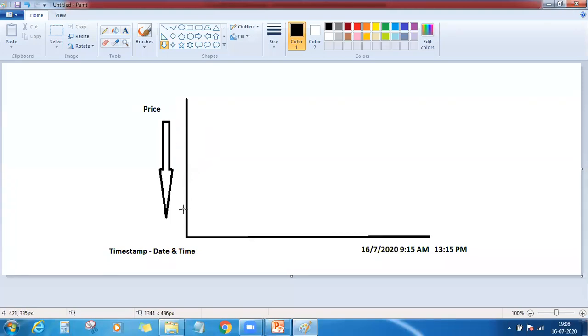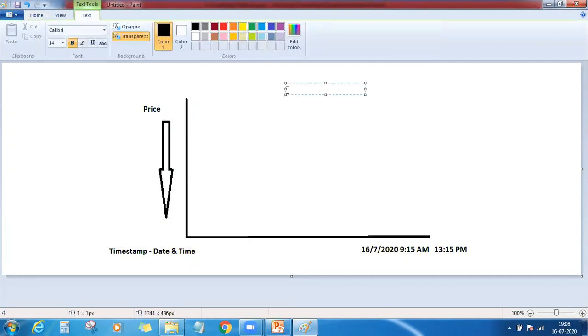From 0 it will start and go up until infinity. Now, the price that you are plotting depends on what type of chart you are plotting. The first type of chart is the line chart, the second is the bar chart, and the third one is the candlestick chart.